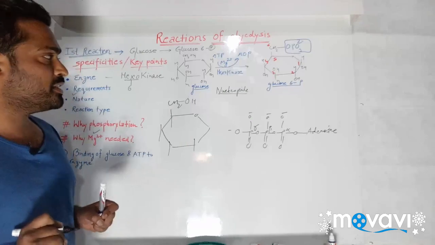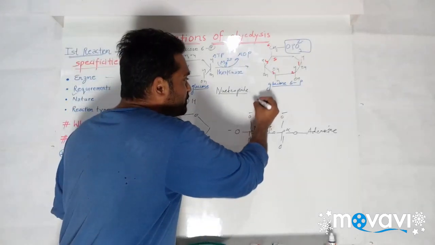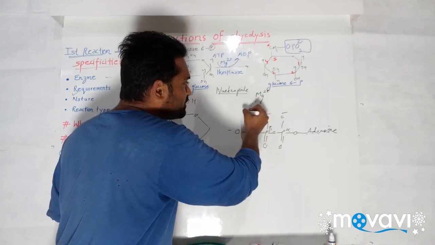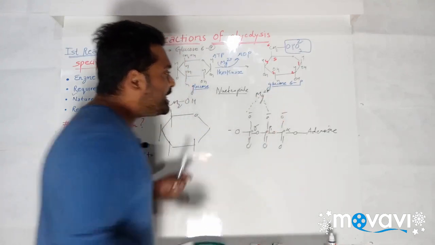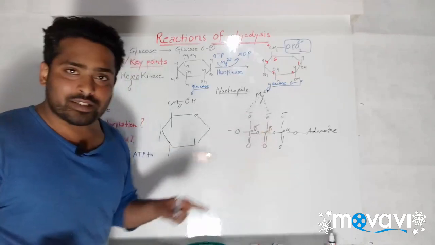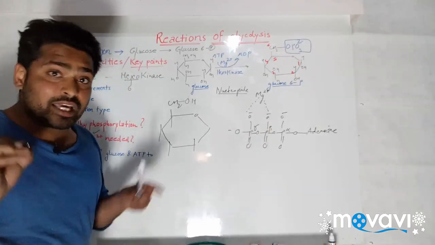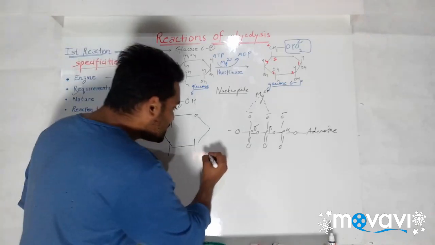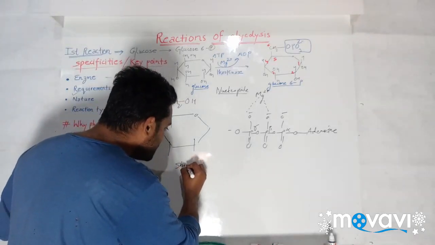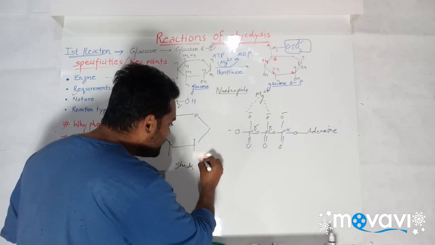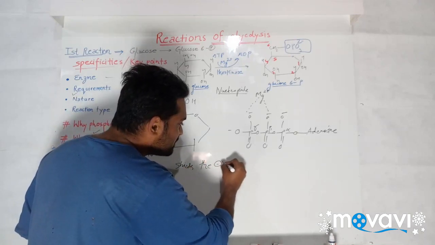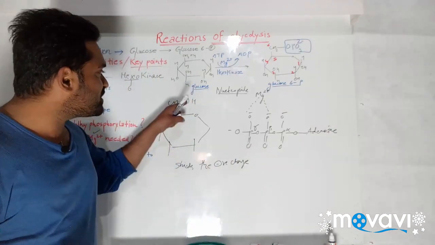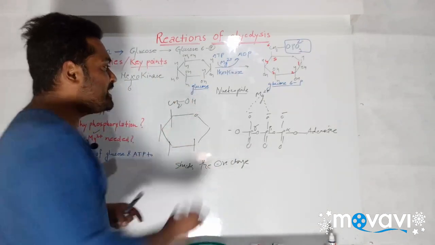How? We are going to discuss that. This Mg2+ chelates this. It makes a complex with ATP, and in the process it shields the negative charge and makes the attack of this hydroxyl group nucleophile easy.